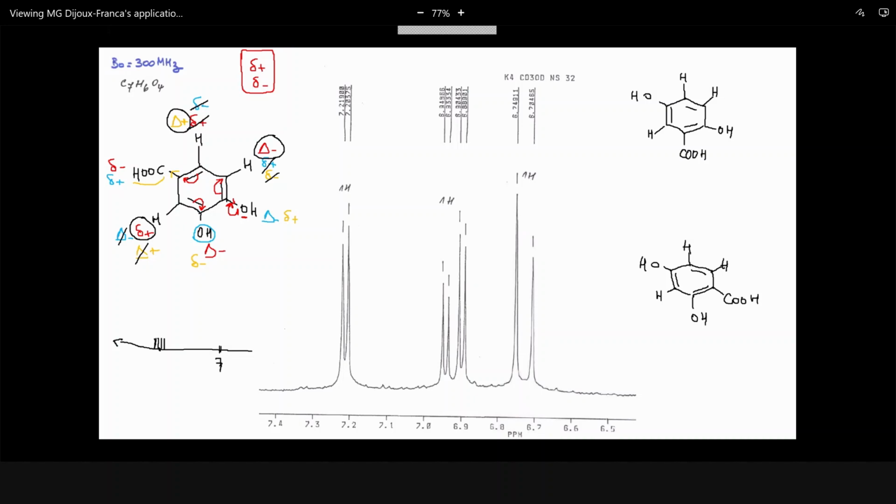Then in the middle, I have the doublet with the coupling meta, and strongly shielded, I should have the proton with the coupling ortho. Okay? Is this what we have on the spectrum? No, because the double doublet should be in the middle. So this position doesn't seem to be real.